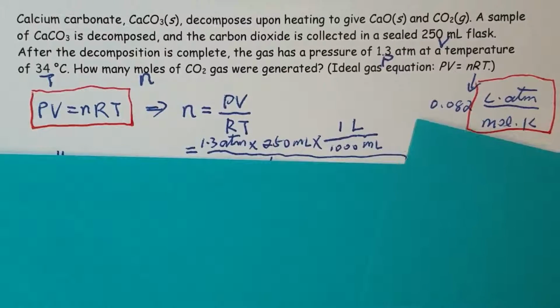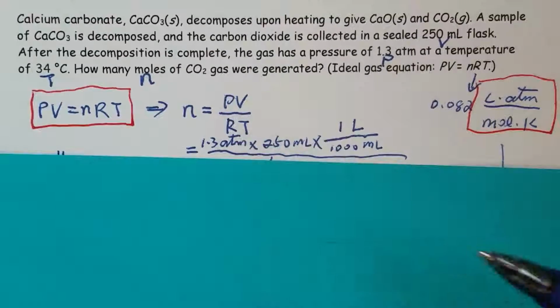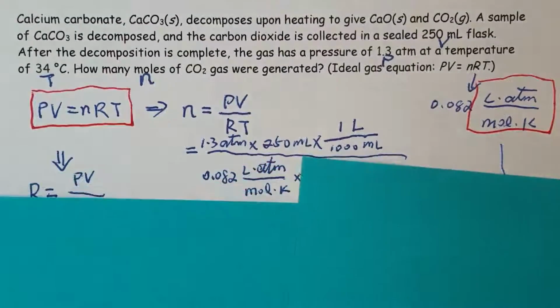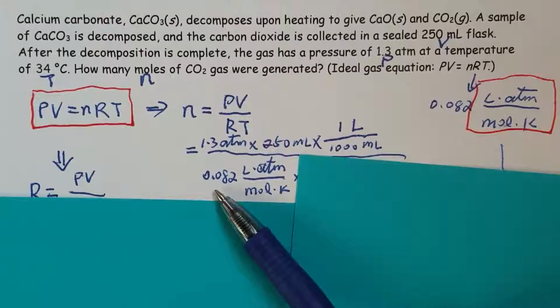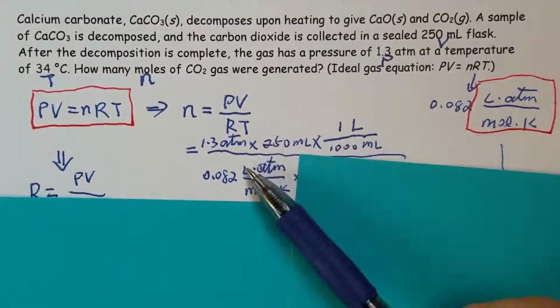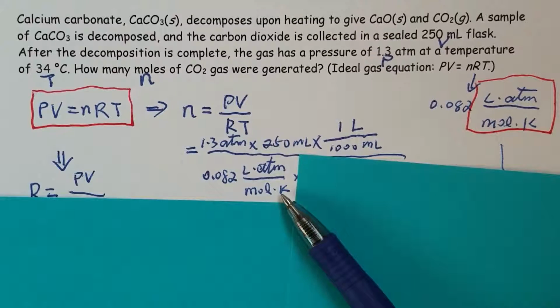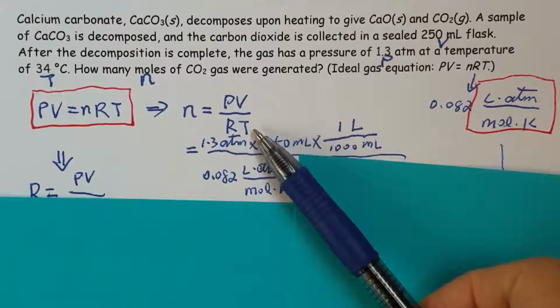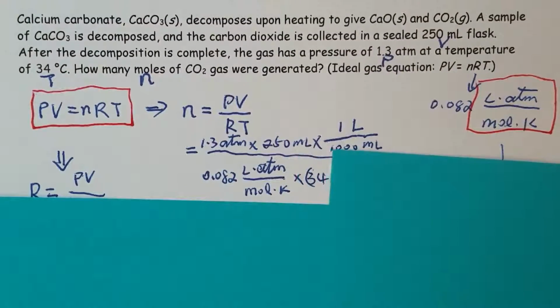Okay. Now, over R, we just simply write down the gas constant, and then make sure you use the correct units, liter atmosphere per mole Kelvin. Then times T, which is 34 degrees Celsius.